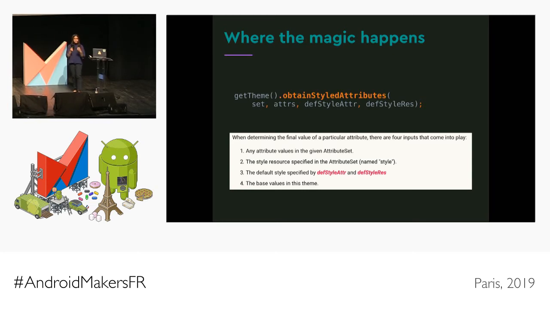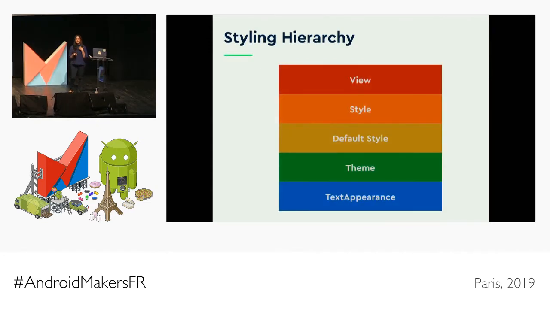So this method takes all of these inputs, and it then uses this styling hierarchy to make decisions where everything on top overrides everything at the bottom. It first applies the attributes of the text appearance, then the theme, the default style, the style, and the view, which means that the attributes in the view override the attributes in the style, override the attributes in default style, the theme, and the text appearance.